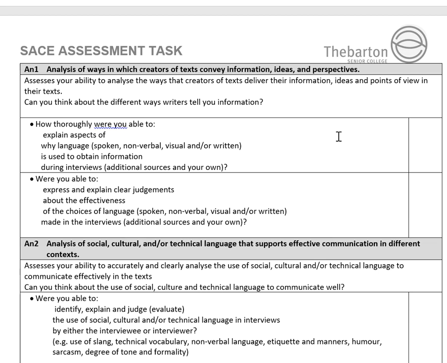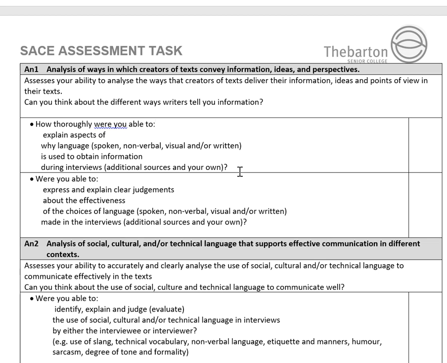Can you think about the different ways in which writers tell you information? How thoroughly, how well, or how much were you able to explain aspects of, parts of, why language is used to get information during interviews? Okay, so how well can you talk to me about parts of language used to get information in interviews?